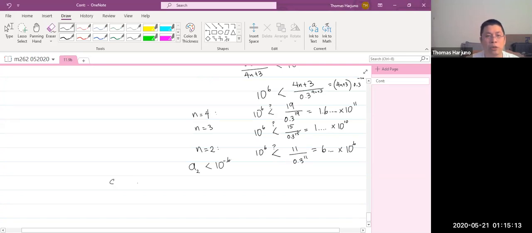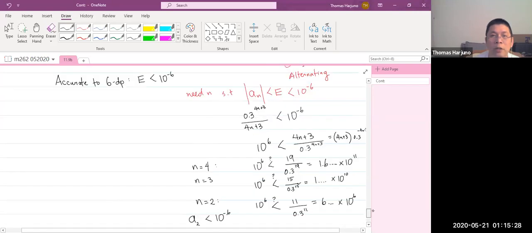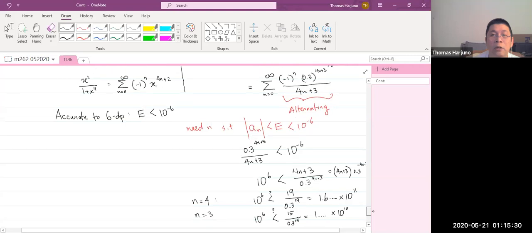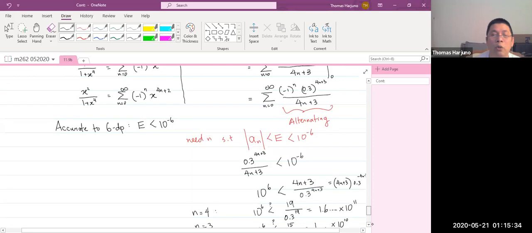So we need up to one term before that. Ooh. So we just need the first term. So what is the first term again? Oh, n equals 0, 1.